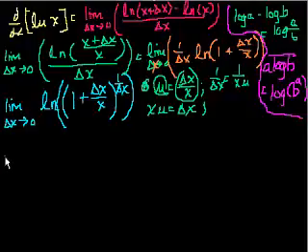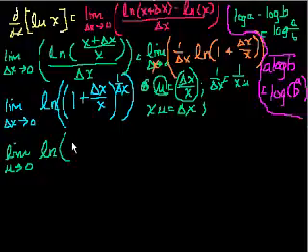Right? So we can write this as the limit as u approaches 0 of the natural log of 1 plus, well, we did the substitution, delta x over x is now u, to the 1 over delta x, and that same substitution told us that's the same thing as 1 over xu.